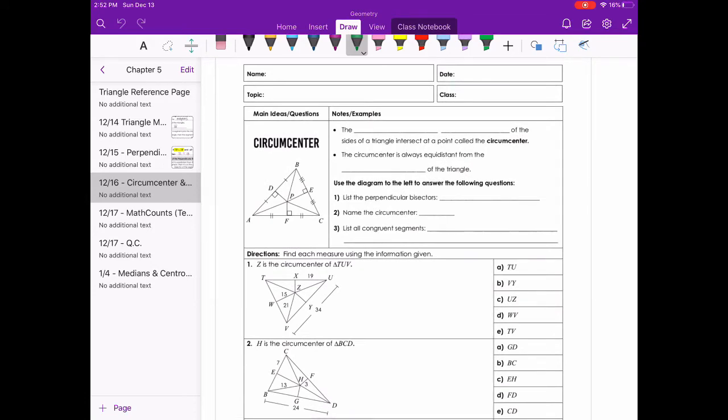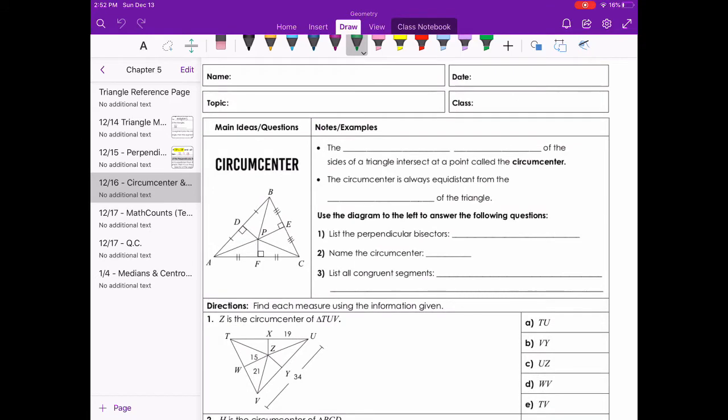So the circumcenter is formed by the perpendicular bisectors of all of the sides of a triangle, and they intersect at a point called the circumcenter. So here's my perpendicular bisector that goes through AB.